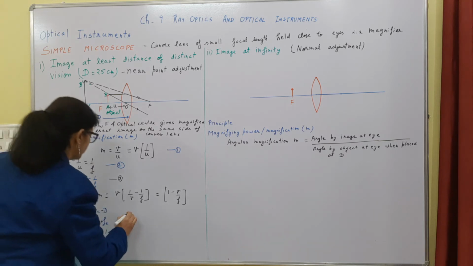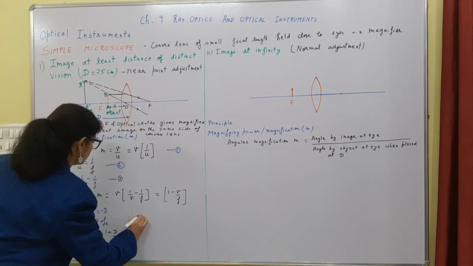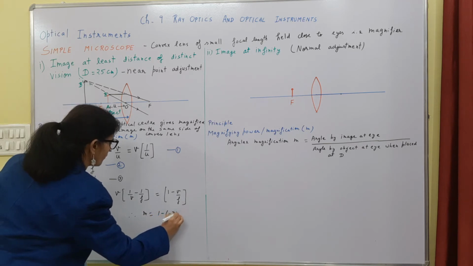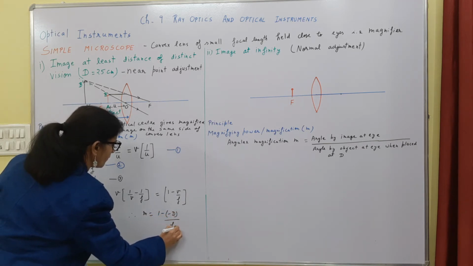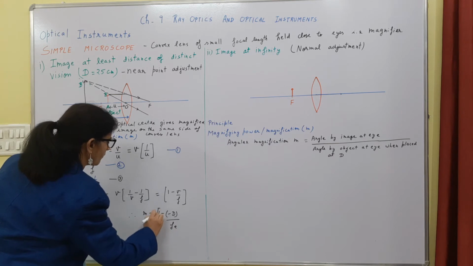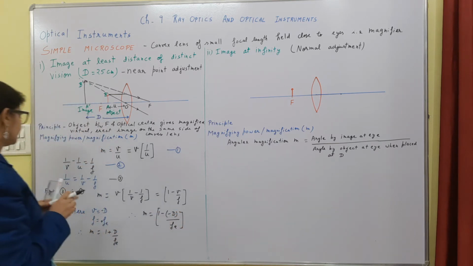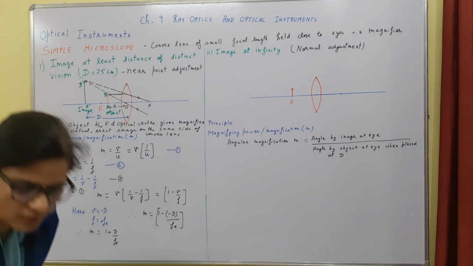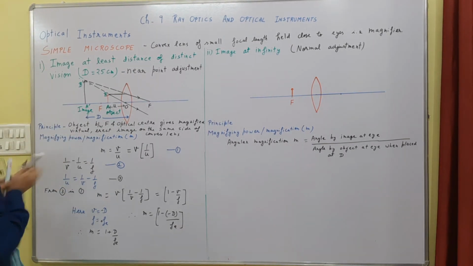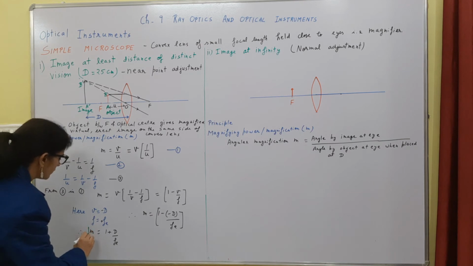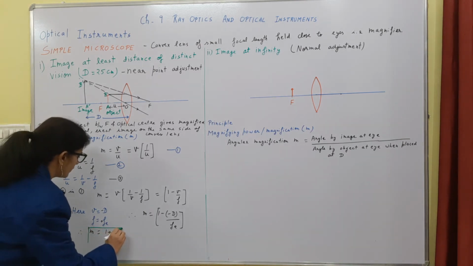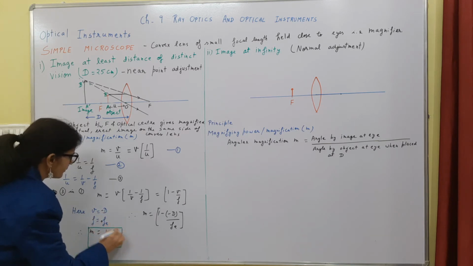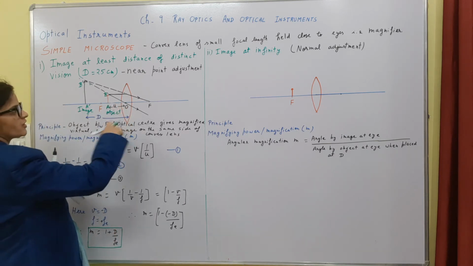Why are we marking Fe? Because Fe means the lens which is near the eyes.